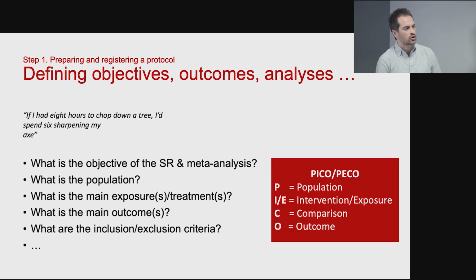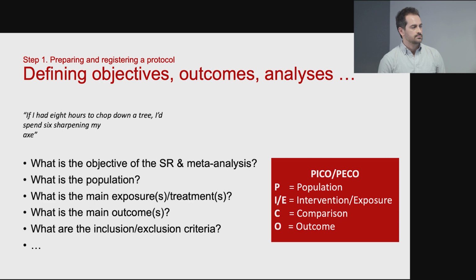There is an acronym, PICO, or PECO, to remember the 4 main things to define at the beginning of the study. P is for population. I is for intervention, if you are summarizing, for example, a randomized control trial where you have an intervention, or it can also be declined as E for exposure if you are interested in more observational and epidemiological information.